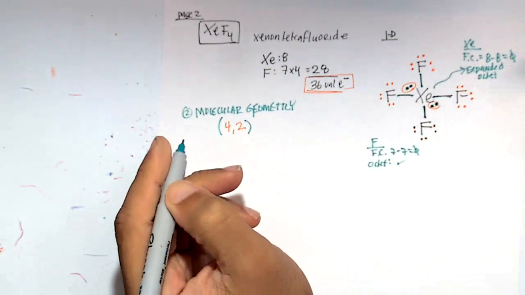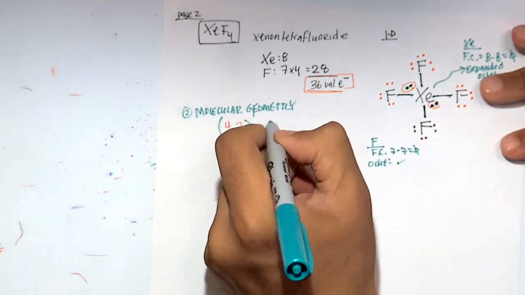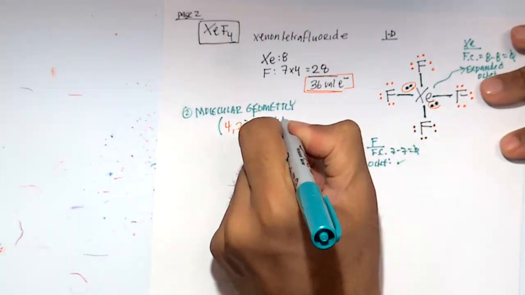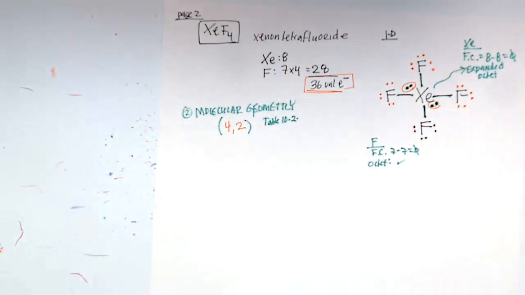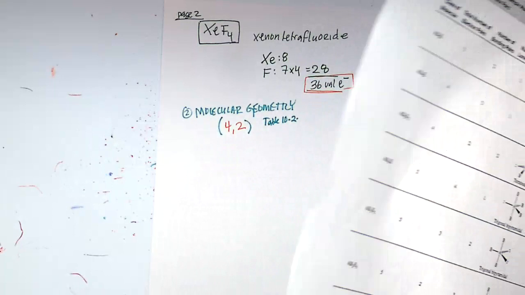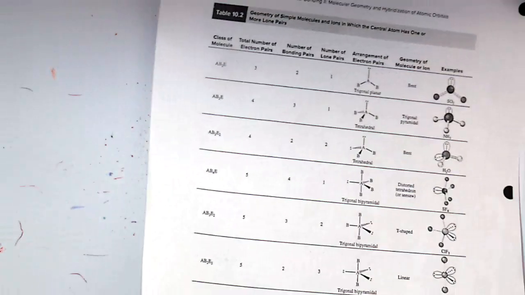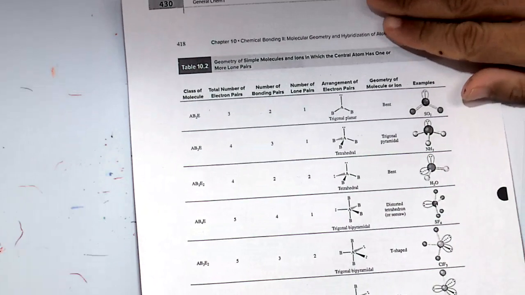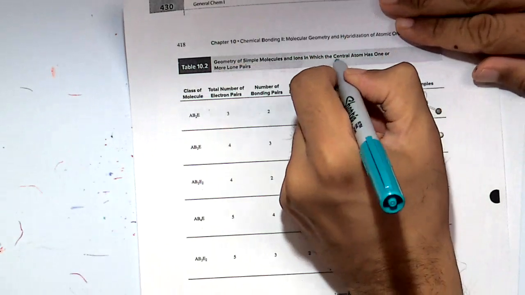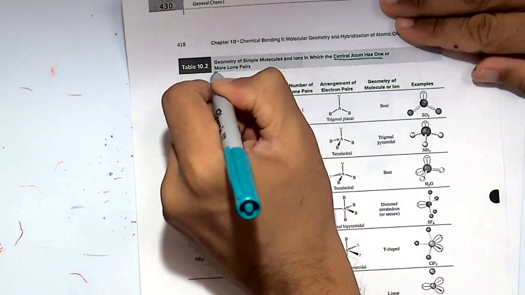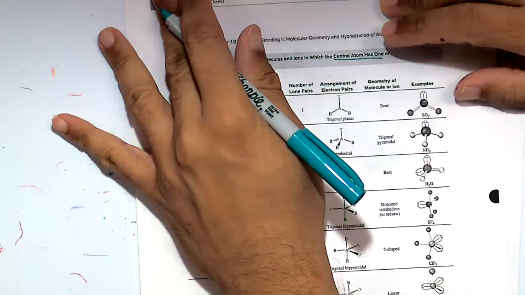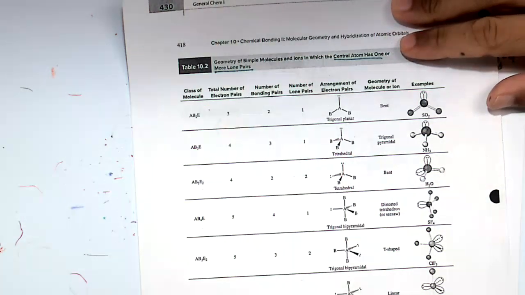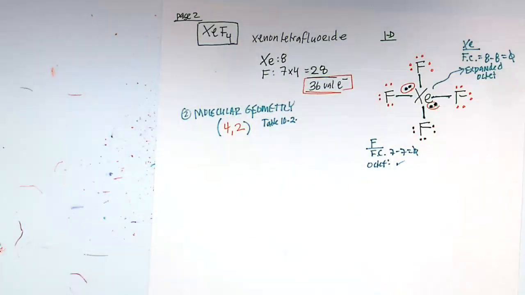So here you want to use the table for the center atom with lone pairs. The central atom has 1 or more lone pairs. Make sure you bring this to the exam, and I'll have copies on Canvas. So, what is it? 4 bonds, 2 lone pairs.